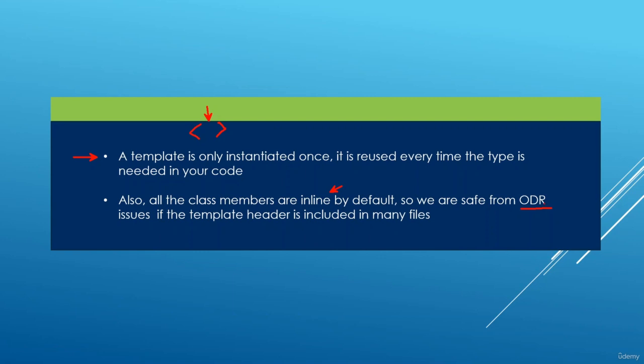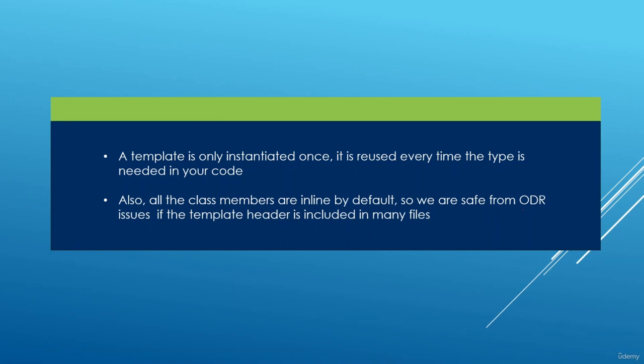So the compiler is going to make sure that if you put a method inside your class template, that method is going to be inline by default, and what that will do is constrain that method implementation to the translation unit where it is showing up. I really want you to keep this in mind.